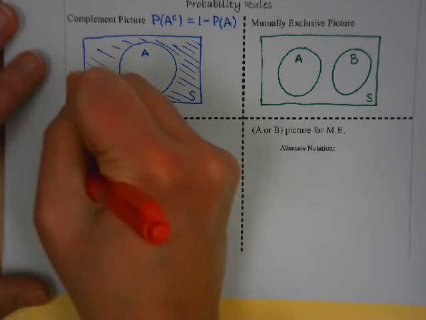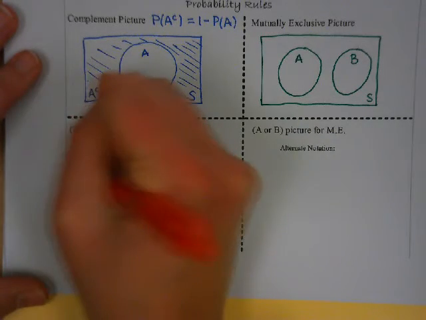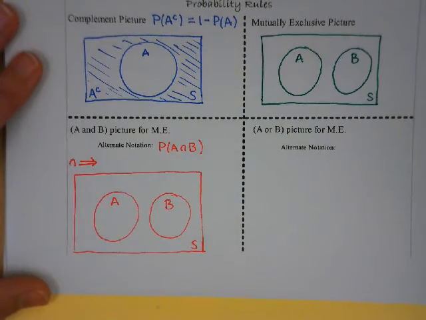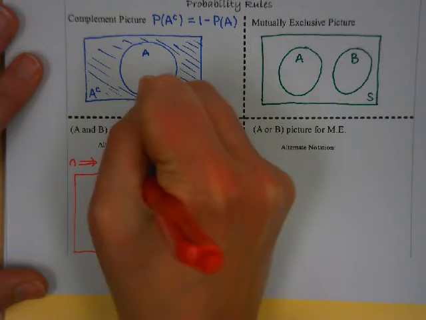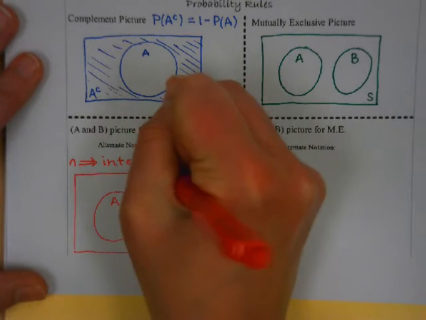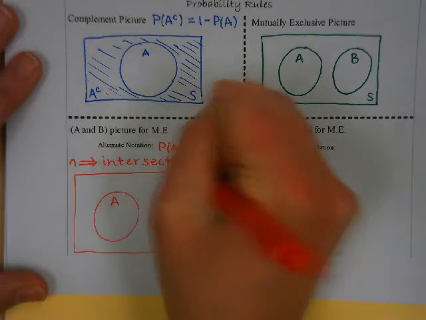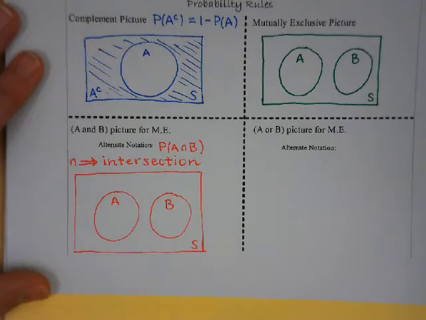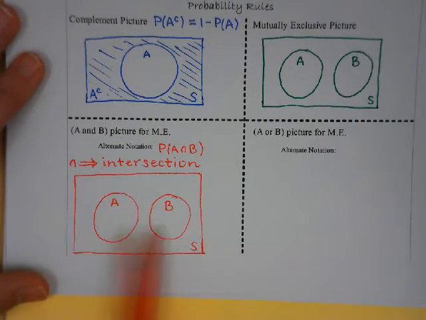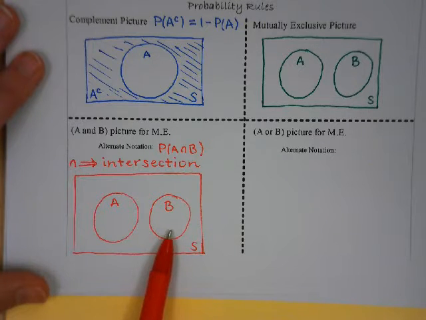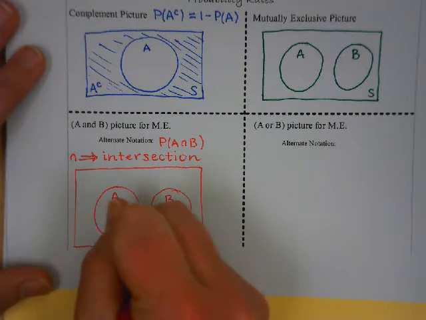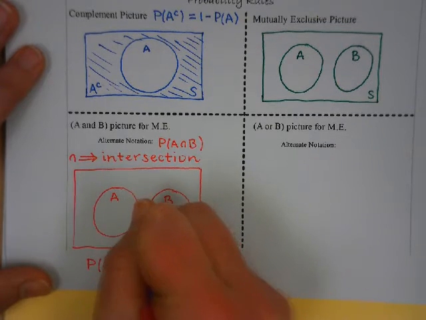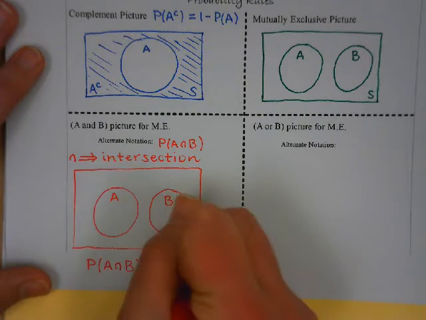And what that means is that when we're asked to find A and B, we're looking for their intersection. So when we have mutually exclusive events, there is no intersection, and so the probability of A and B happening is 0, because if they're mutually exclusive, they're never going to happen together, so there's never going to be an intersection.